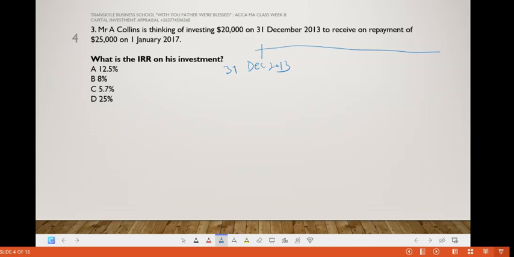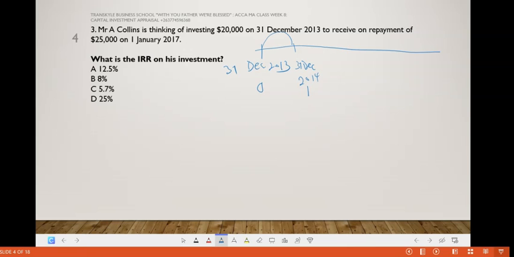This is year 0. That's today. And then 1 year later, we get to 31st December 2014. This is obviously year 1.